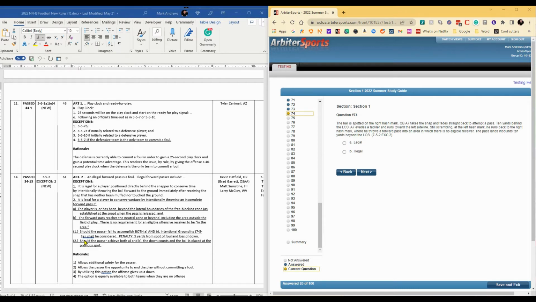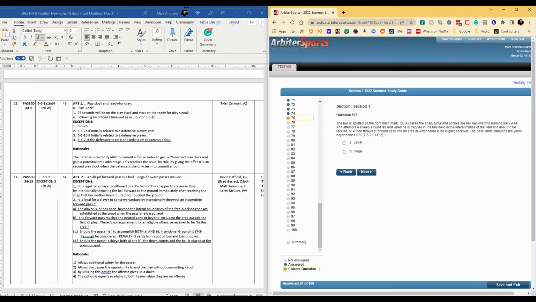But the rule says the player is or has been beyond the lateral boundaries of the free blocking zone as established at the snap when the pass is released. So the fact that he went out of the expanded neutral zone and then came back in still makes this pass legal. Answer is A.